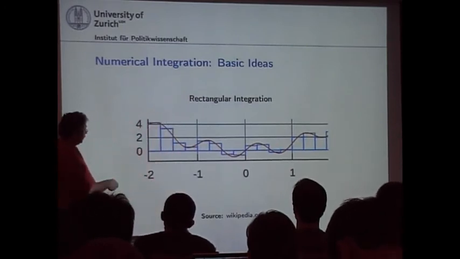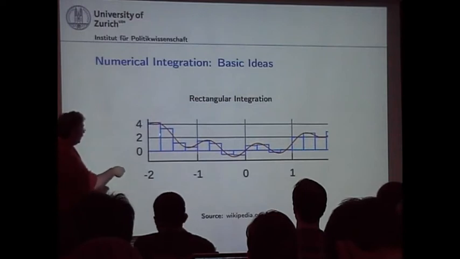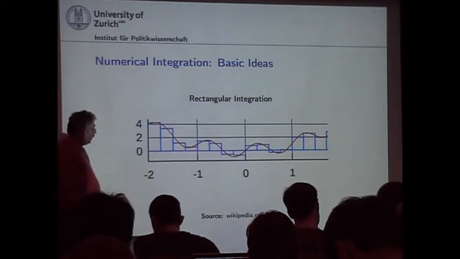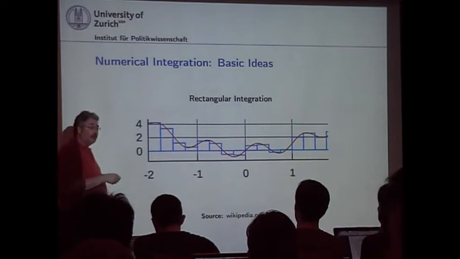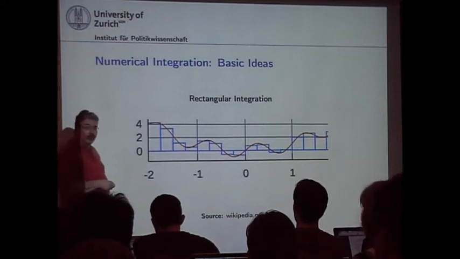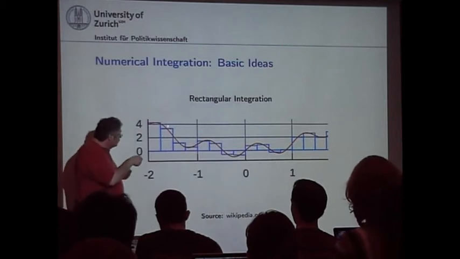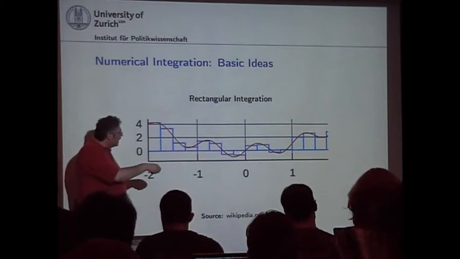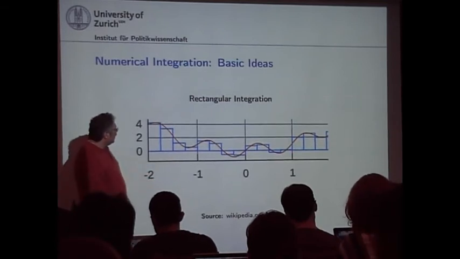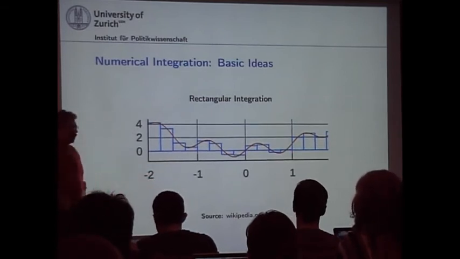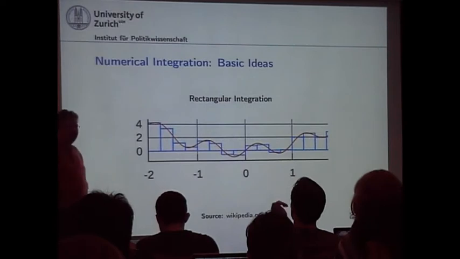Rectangular integration says, if you want to get the area under this curve here, because that's what an integral is, the area under the curve, then let's just approximate that by a set of rectangles, and then add the areas of the rectangles together.